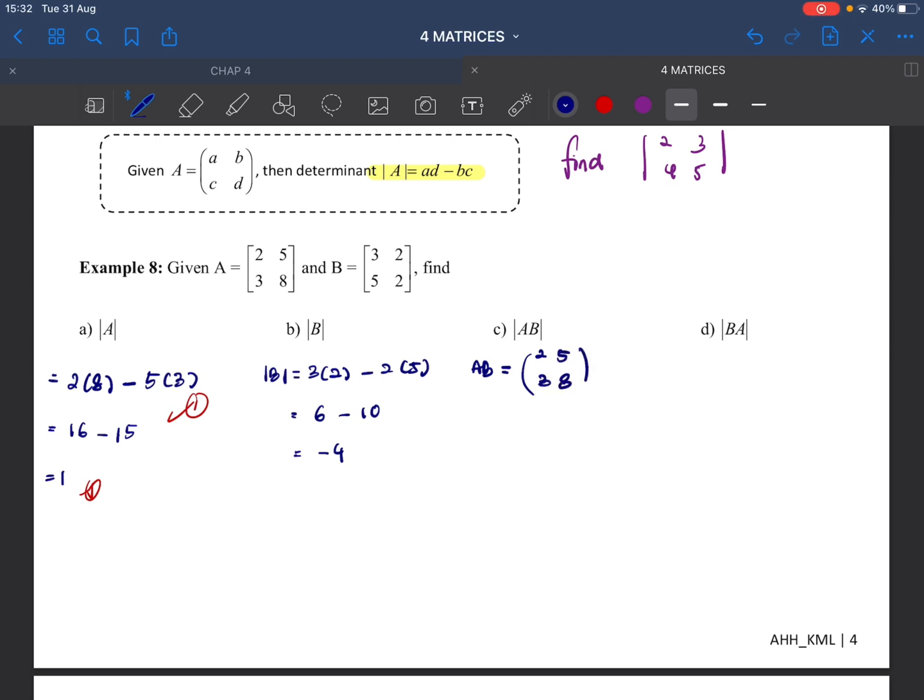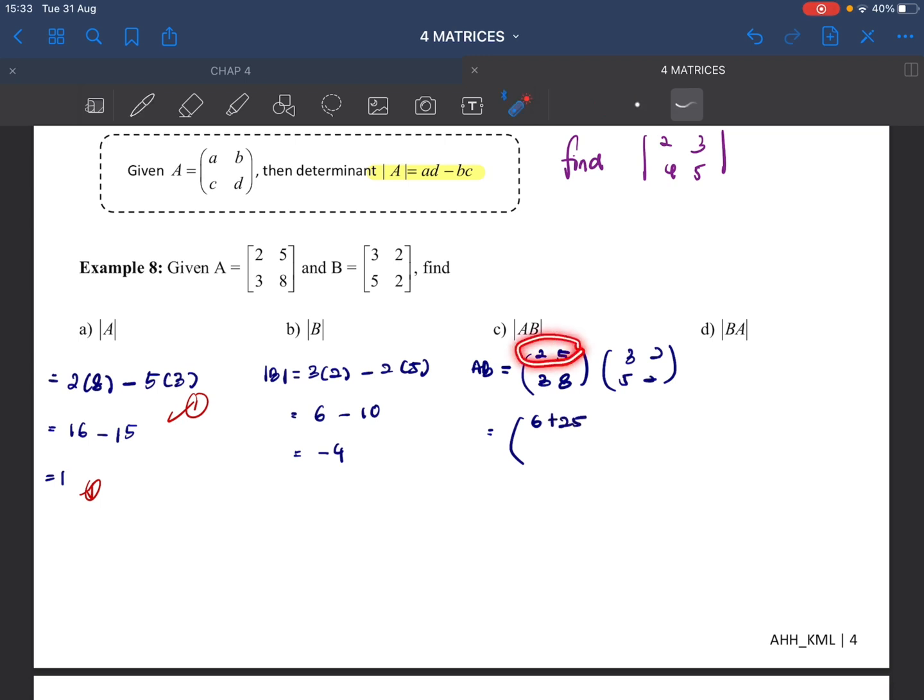Okay, kita darabkan dulu. 3, 2, 5, 2. Whenever you multiply, make sure to show the working first. Okay, so we have ini darab dengan yang ini. So 2 times 3 we will get 6. 5 times 5 we will get 25, plus 25.